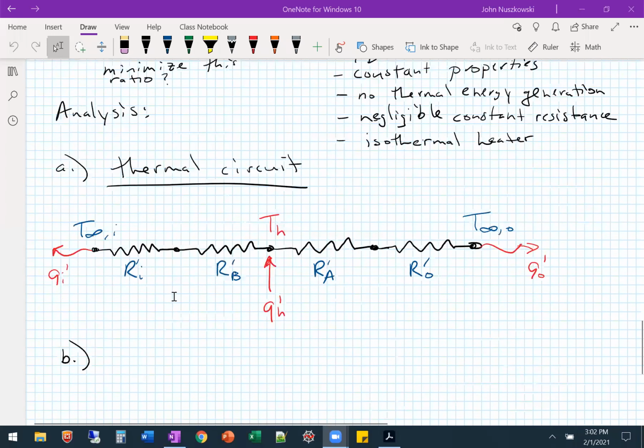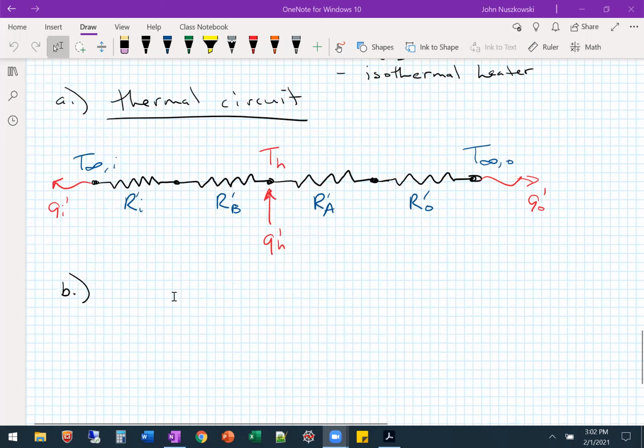So we set up our thermal circuit, and we have the heat coming in on our very thin heater at a single point, and it goes either to the outer surface or to that inner surface. We have heat transfer, inner and outer, and it's all per unit length that we've set up. So part B is to solve for that expression to get us a way to solve for TH, the temperature of that heater, in our thermal circuit.